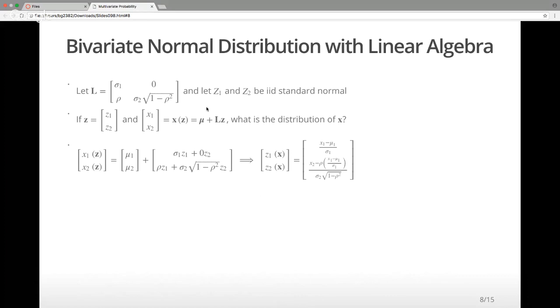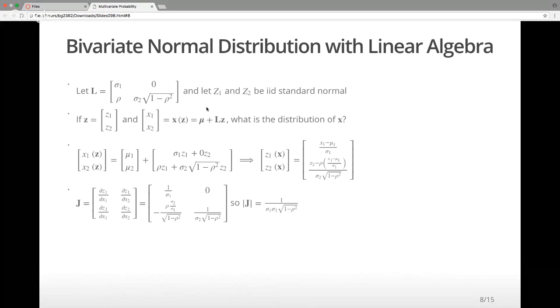So we're just proceeding like we did before. If we want to know the distribution of x when x is a function of z, we have to invert the transformation to see what z is as a function of x, and then start taking derivatives.